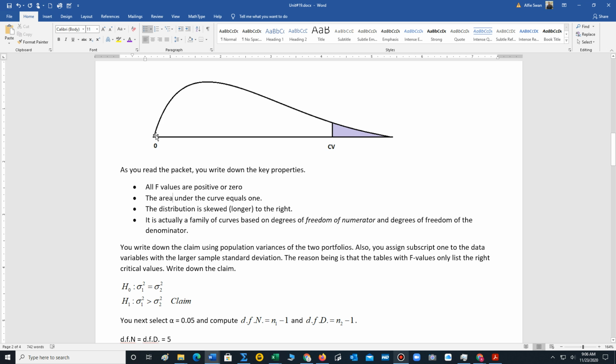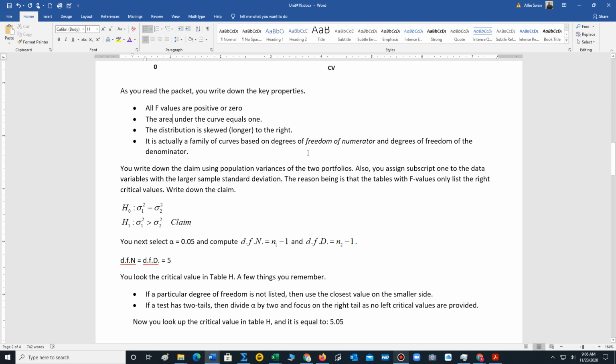The distribution is skewed longer to the right. And it's actually a family of curves. So there's no one curve that represents the F distribution. It's a family of curves based on degrees of freedom of the numerator and degrees of freedom of the denominator.